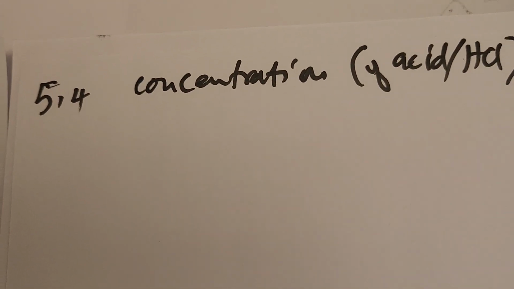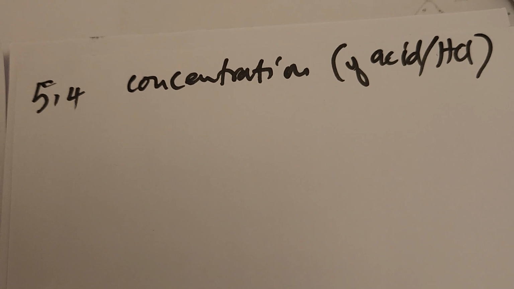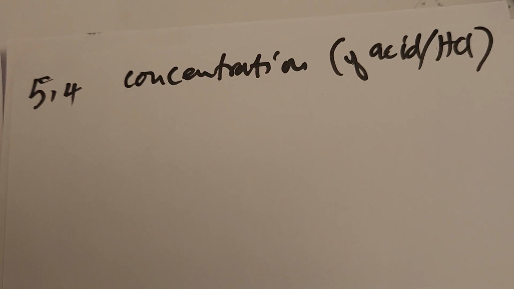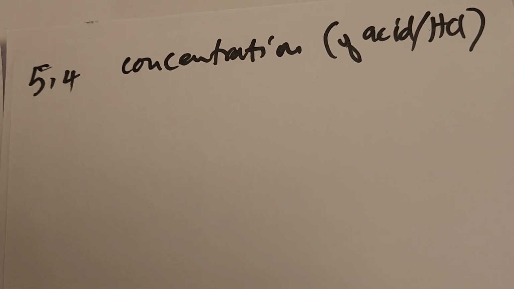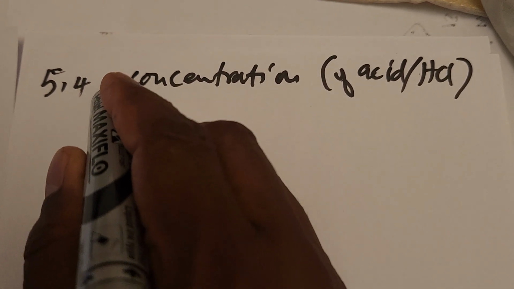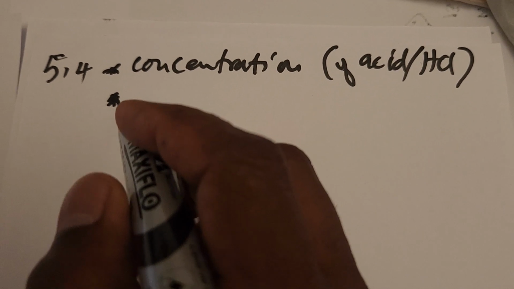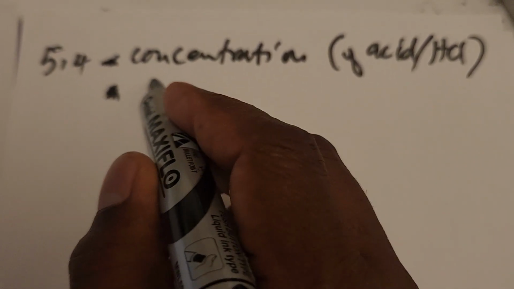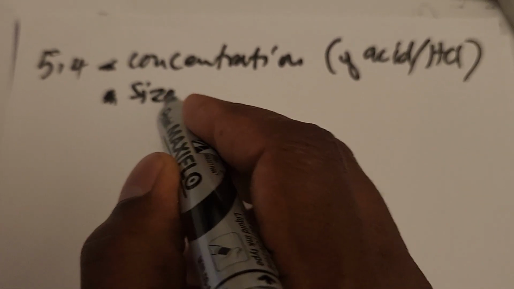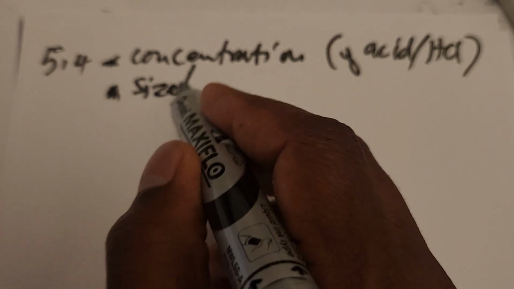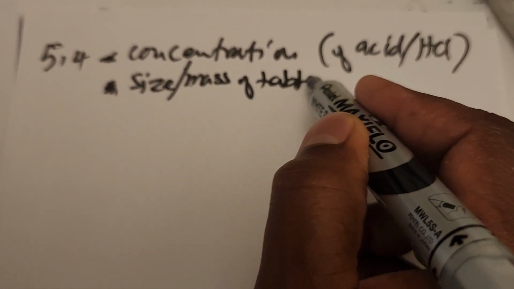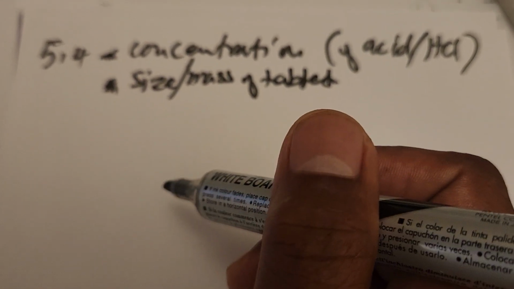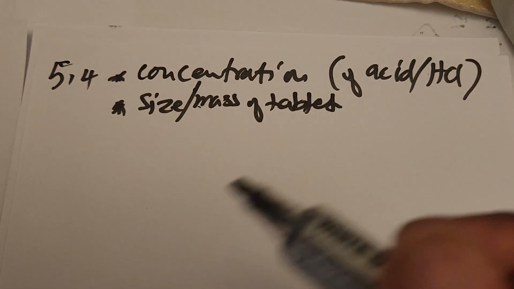The other factors that should also be kept constant in this case, this is the first option, and the other one will be the state of division, the size or the mass of the tablet, or the type of tablet.